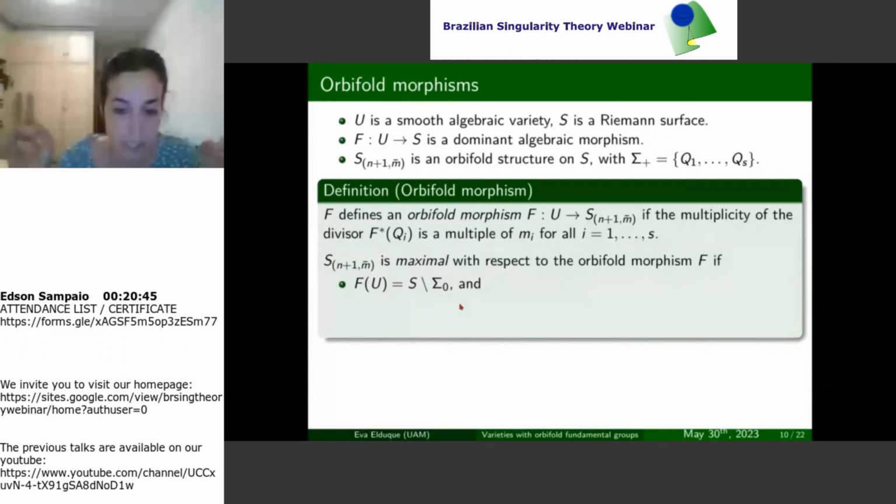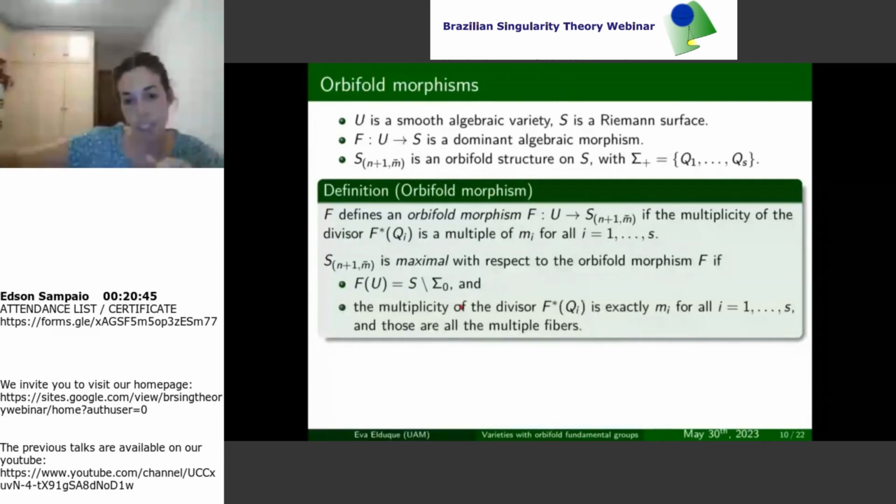So by assigning them multiplicity 0, you're sort of thinking that they're not there. And you're forcing the thing to be surjective. And the multiplicity of the divisor over the special points of high multiplicity will be exactly whatever multiplicity they have by the orbifold structure. And those are all the multiple fibers of the map. So really, the orbifold structure is maximal if it completely tells you the multiplicity of the pullback divisors over every point in the target.